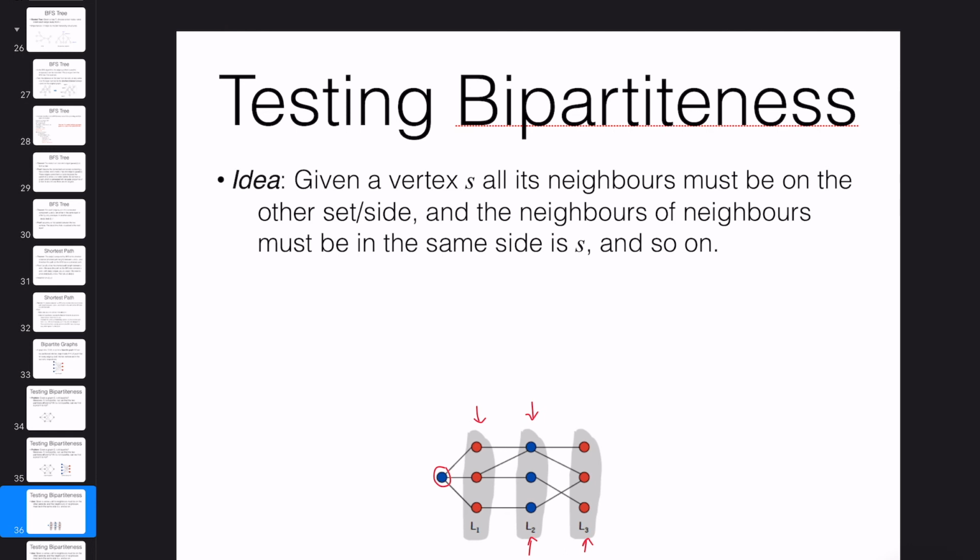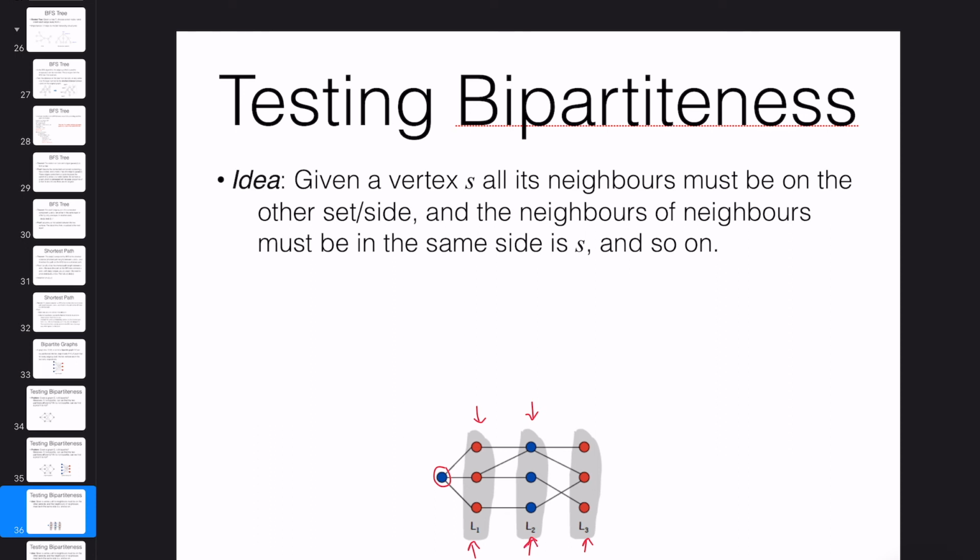If you think about running the BFS starting from any of the nodes, it gives me this idea that if the graph is bipartite, all the nodes in the first layer are going to be the nodes in the other set. If you started from a node in the blue set, all the nodes that you visit in your BFS in the first layer are going to be in the red set, and all the neighbors of these ones are going to be again on the blue set.